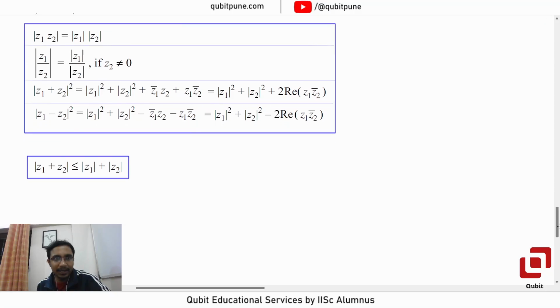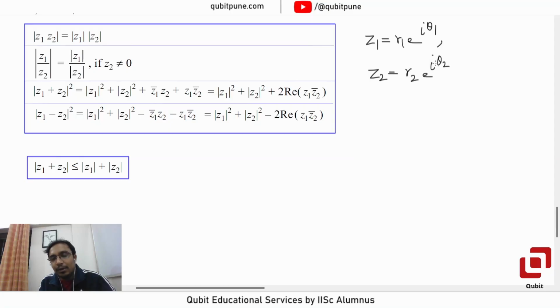Okay. Next. Mod of z1 into z2 is mod z1 into mod z2. See now, if we use the exponential forms of the complex numbers, having noted that moduli of e to the power i theta 1 and e to the power i theta 2 are equal to 1, the first property is cleared.